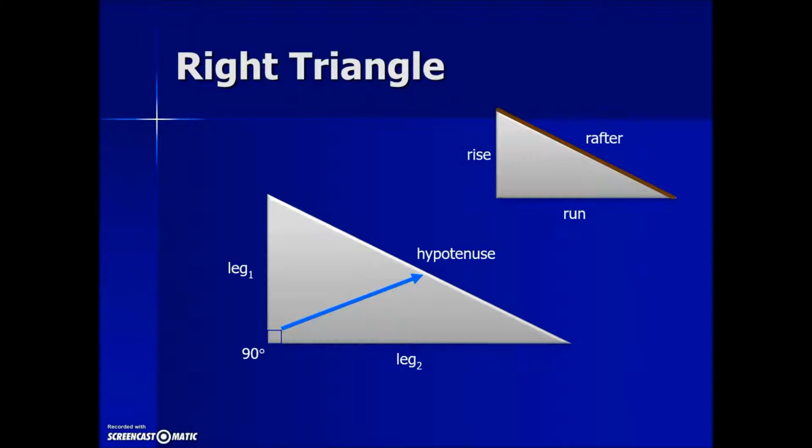An application would be from the construction world, where when we're determining a rafter or pitch of a roof, we're looking at the rise and the run. The rise and run are the equivalent of the legs of a right triangle, where the length of the rafter is the hypotenuse.